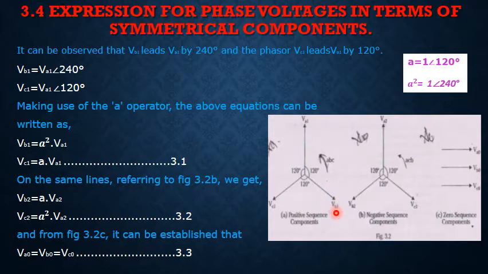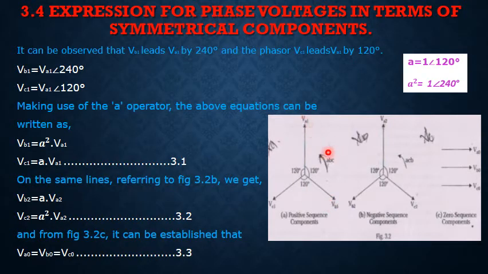From this figure, if I consider the phasor VB1, the subscript 1 is meant for positive sequence, subscript 2 is meant for negative sequence, and 0 is meant for zero sequence component. According to that, from figure a, what is the relation of VB1 with respect to VA1?